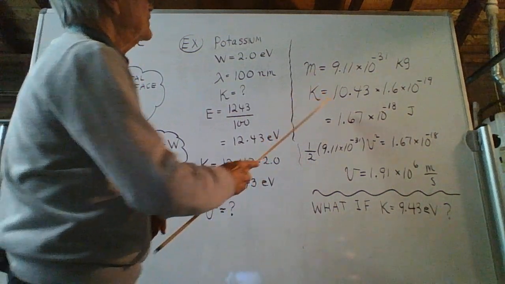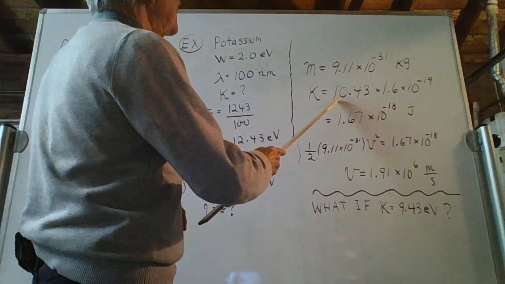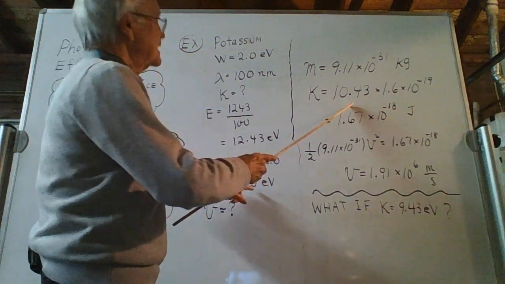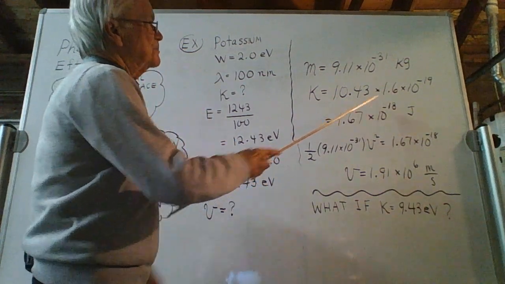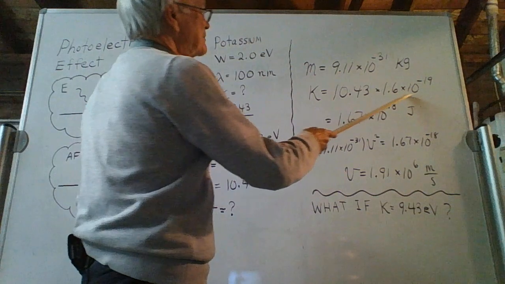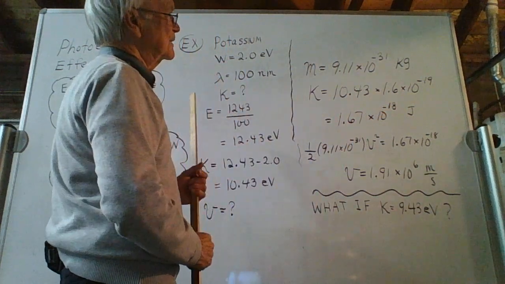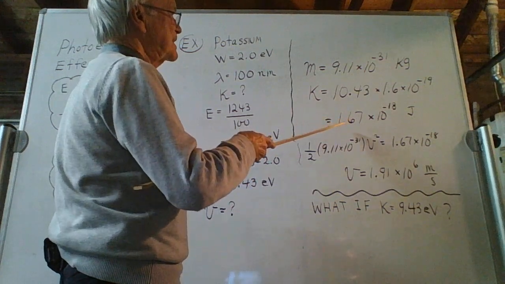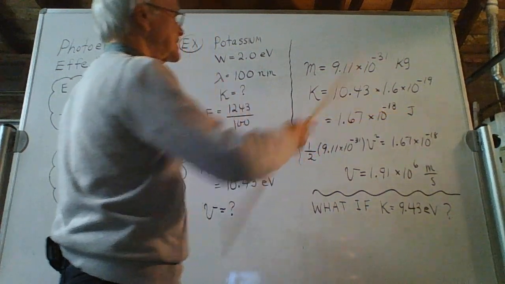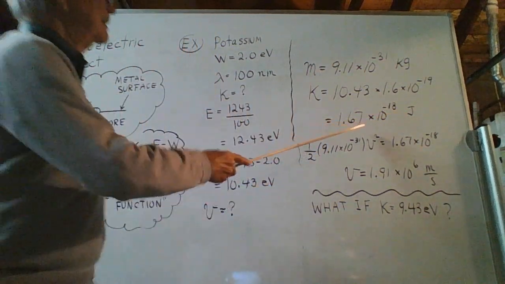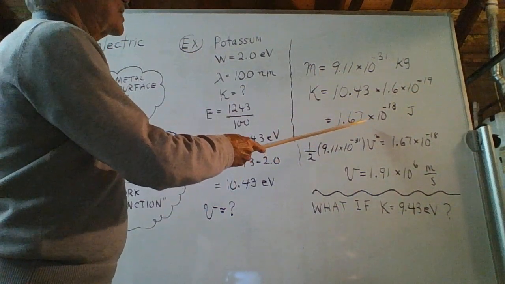We have here the kinetic energy is 10.43 electron volts, but each electron volt is that many joules, the 1.6 times 10 to the negative 19 number. Final result for the kinetic energy in joules is this 10 to the negative 18 number. That's the kinetic energy our electron has.